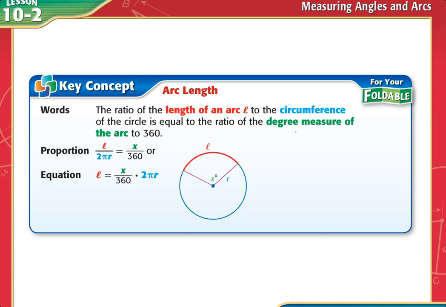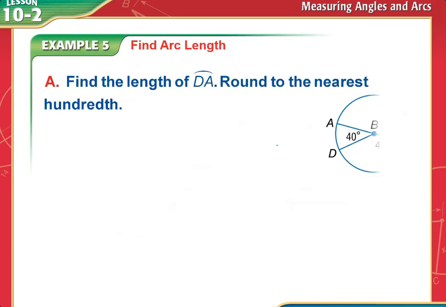Arc length. So this relates definitely to Mathia. So we have the ratio of the length of an arc to the circumference. So if you take the angle X in the middle here, and you divide that by 360, and you multiply it by 2 pi r, then you actually get the length here, up here. Okay, see an example here. We're trying to find the length of DA, and we know that the radius is 4.5.